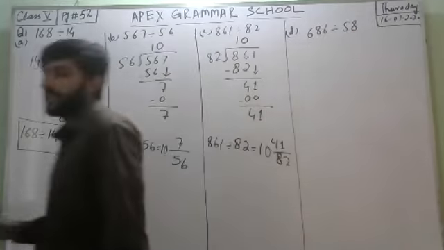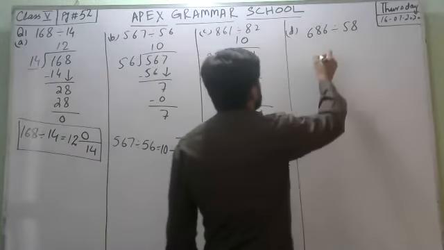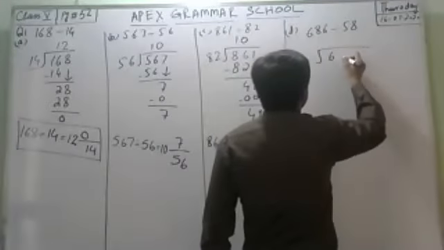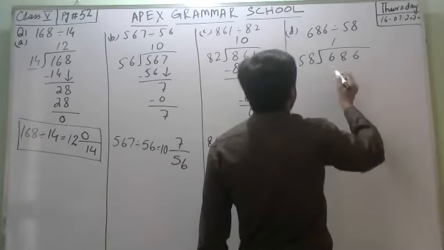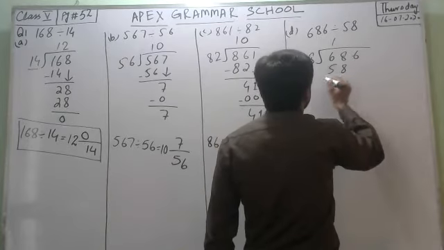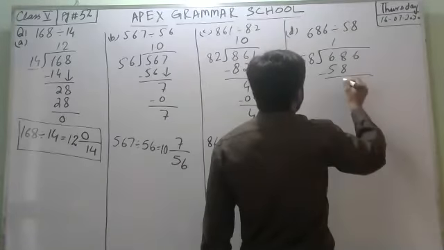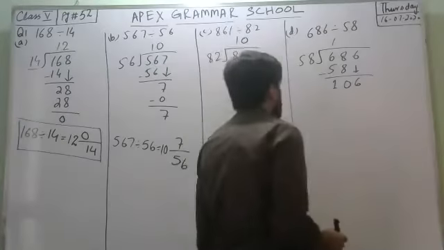D part is 686 divided by 58. 58 ones are 58. 8 minus 8 is 0. 6 minus 5 is 1. 6 will come down. 106.